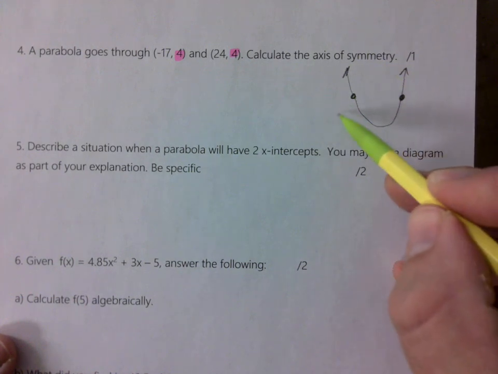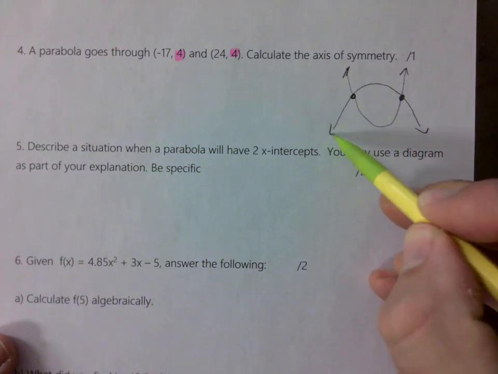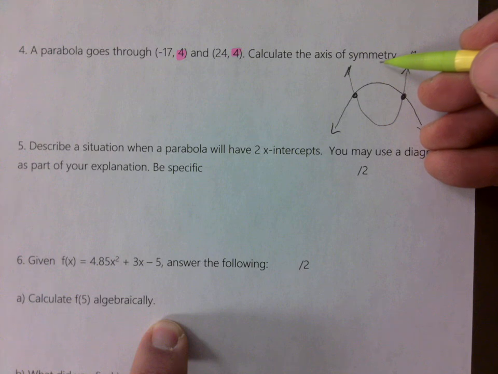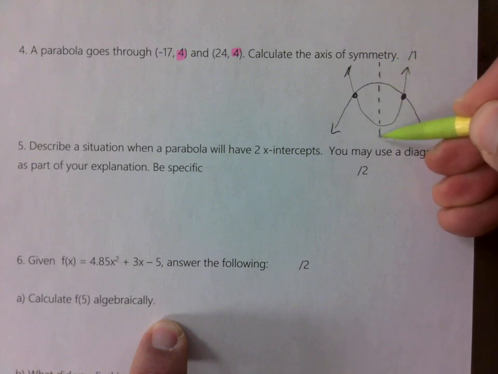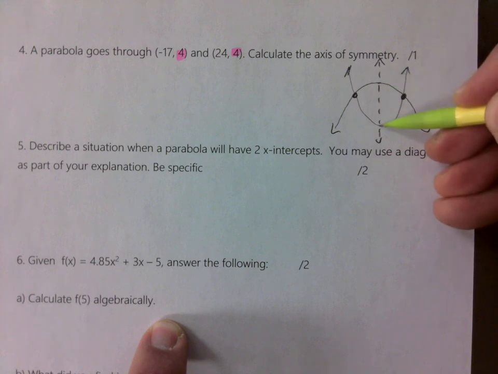But we know that they're both at the same height. It could be a parabola that's pointing down or up, but it goes through those 2 points. So what we're trying to find is the axis of symmetry, in a sense giving us half of the information we need for the vertex.